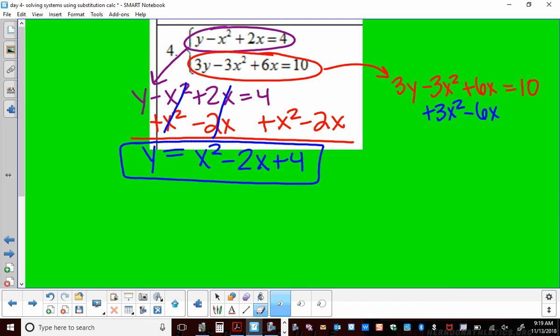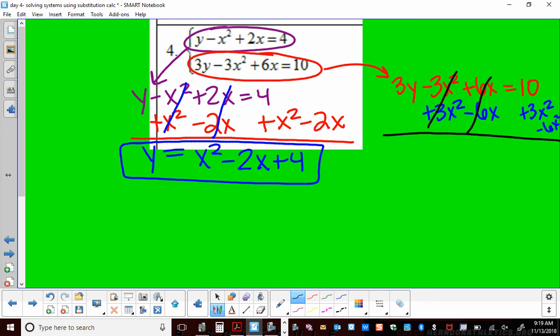Just do it all in one step. Sorry. So on the left side, those two guys cancel out. I'm left with 3y is equal to 3x squared minus 6x plus 10.